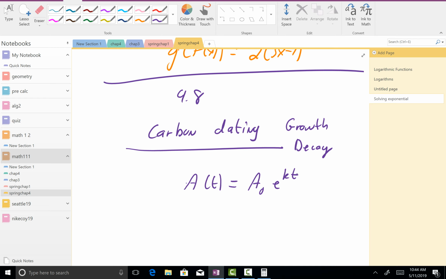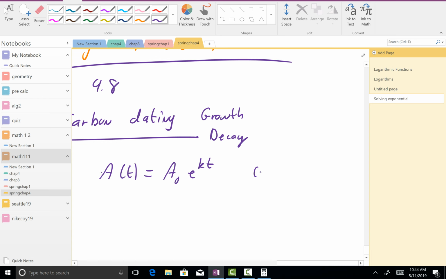All right, and it wouldn't be too bad. Either I'm going to give it to you, or it's going to be something like what we just did. And I'm going to say, hey, here's the initial population, and here's how it grows. And you just got to fill in the blanks. Okay.